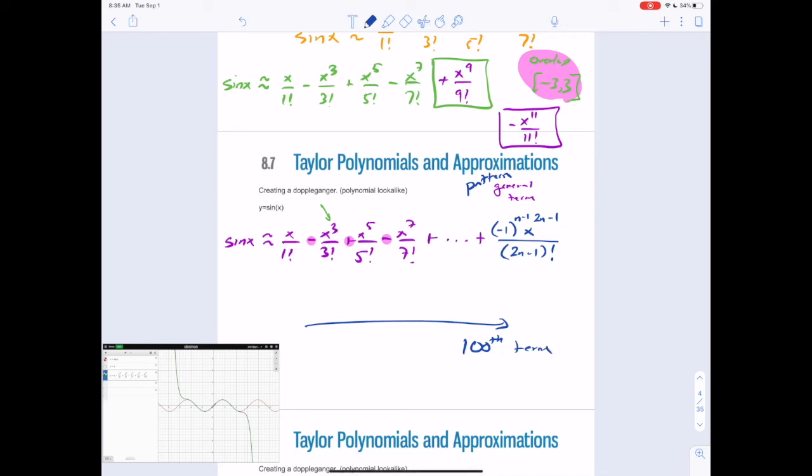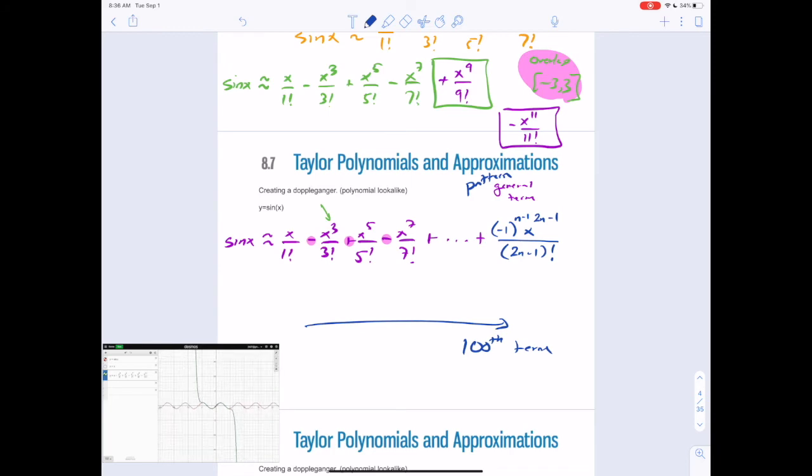Would it be an approximation or would it be an exact duplicate of sine x, right? Think about that question. If I go out all the way to 100 terms, would it be an exact duplicate of sine x or would it be an approximation of sine x? It would still be an approximation because it's only going to overlap so much, right?